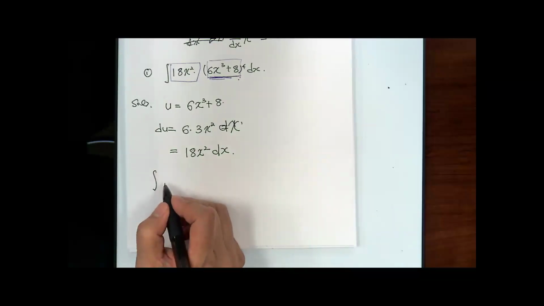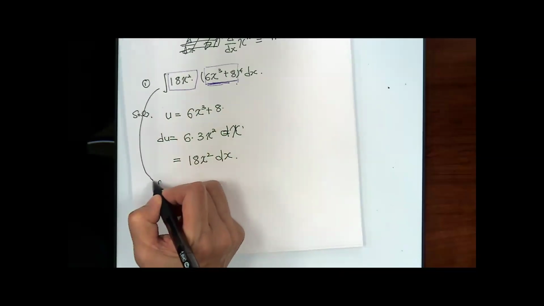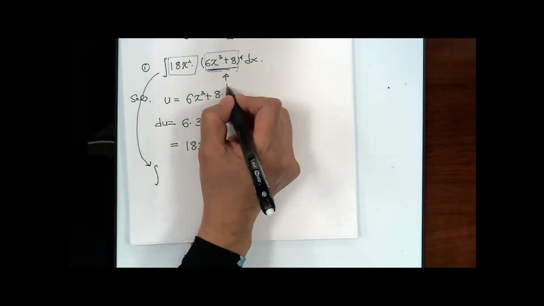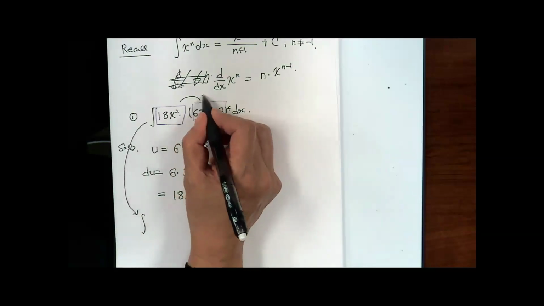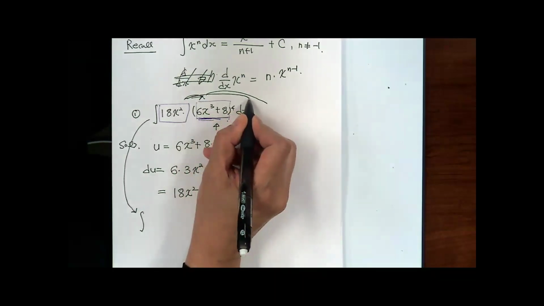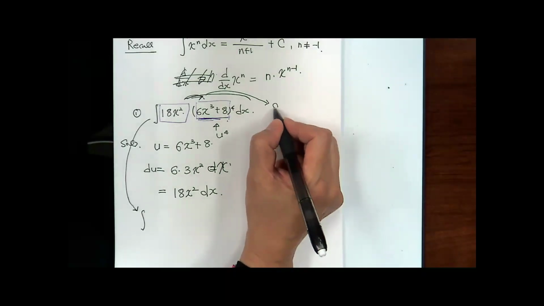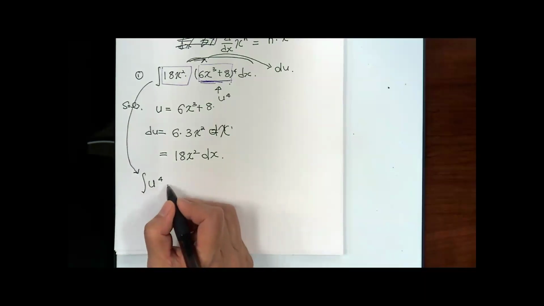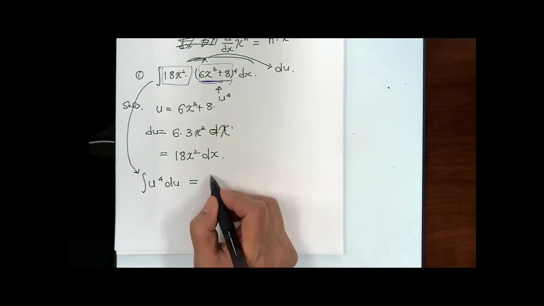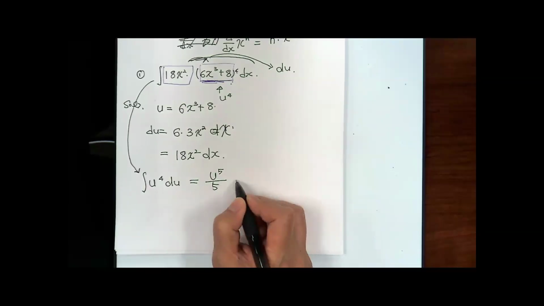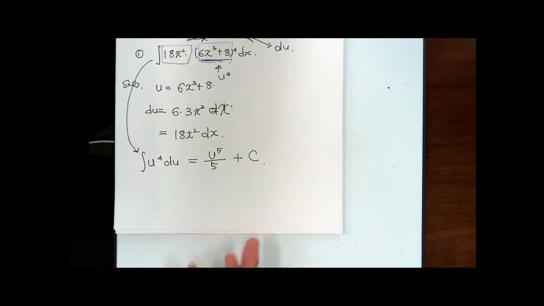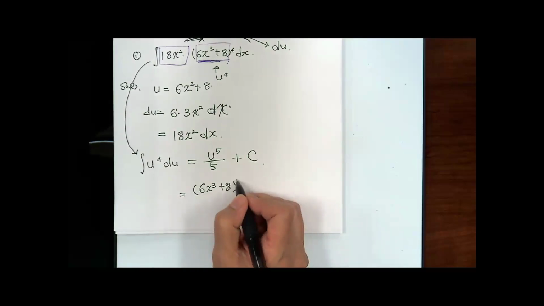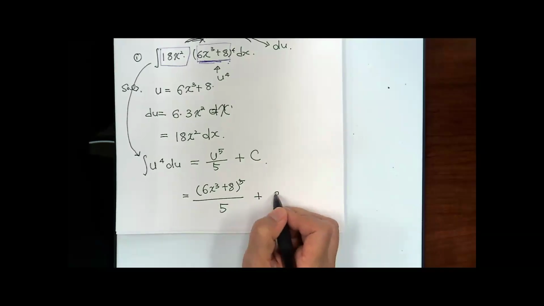So this given integration can be rewritten as u to the 4th power, and 18 x squared dx will become du, right? So it becomes the integral of u to the fourth power du, and then that'll be u to the fifth power over 5 plus c, and u is 6x cubed plus 8, so the answer is 6x cubed plus 8 to the fifth power over 5 plus c.